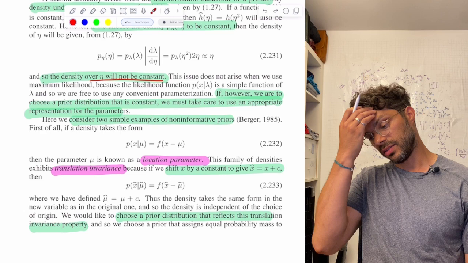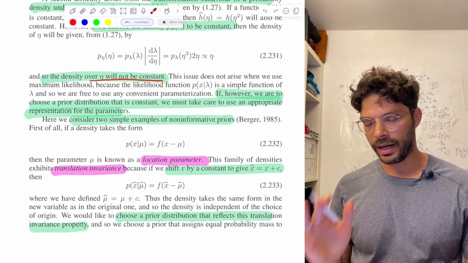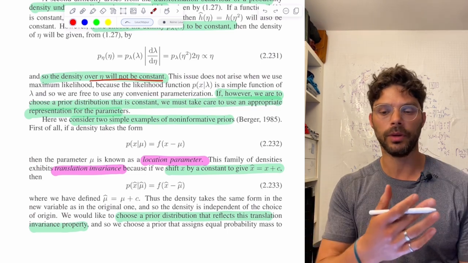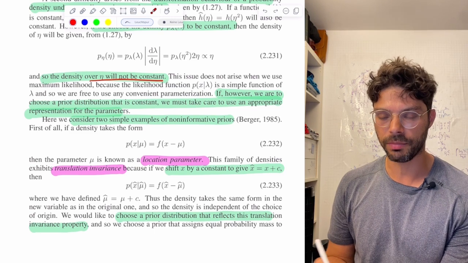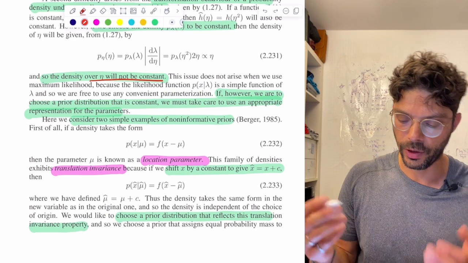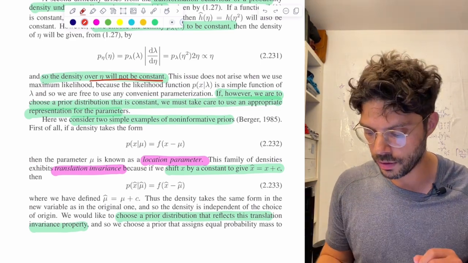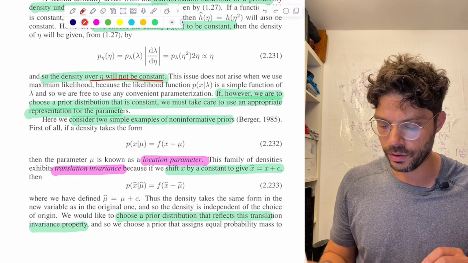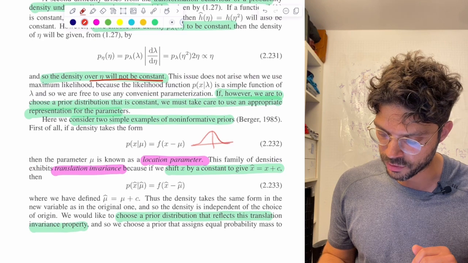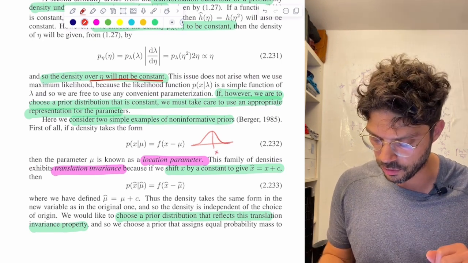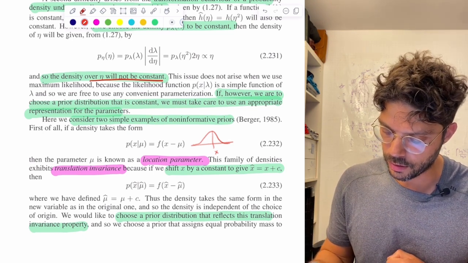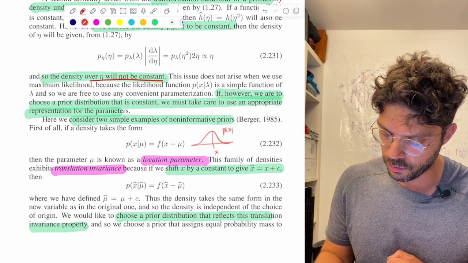So why are we talking about shifting x? I think the reason is that you can imagine that's like getting a new data point or a different data point, right? So how does this likelihood behave? If you observed a single data point, maybe you would have a likelihood that looks like this, and this would be p of x given mu.